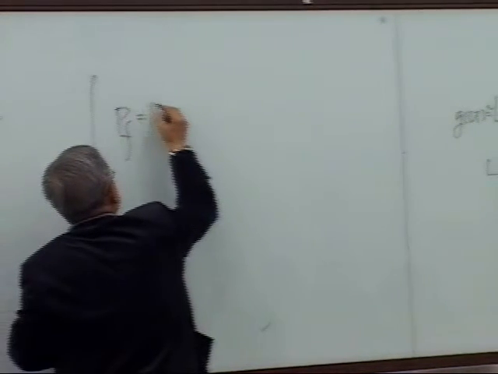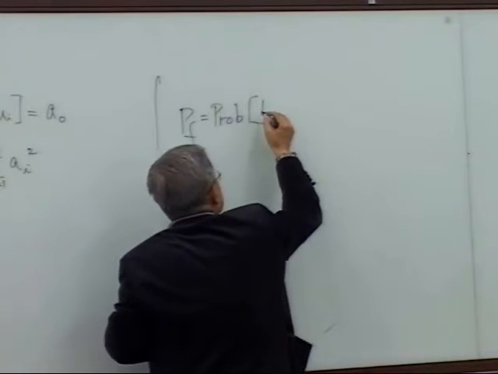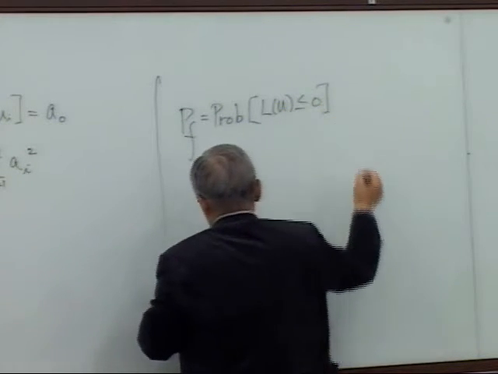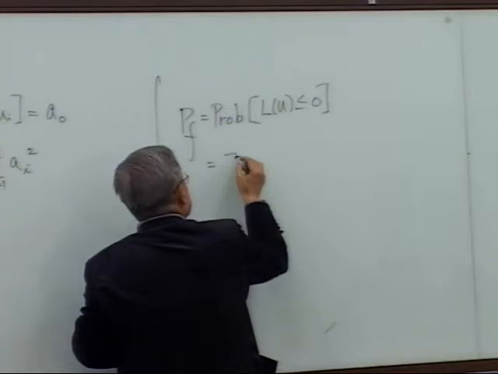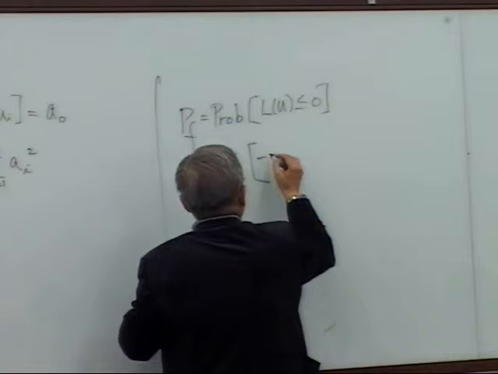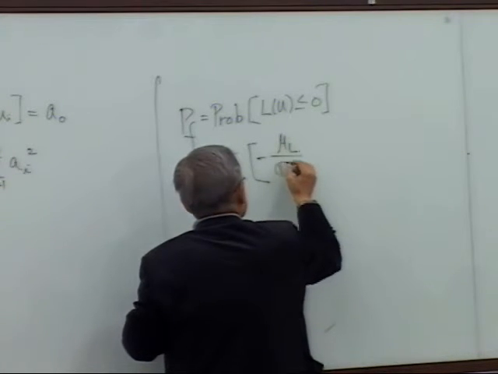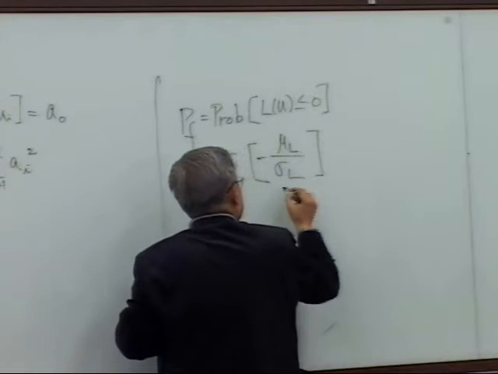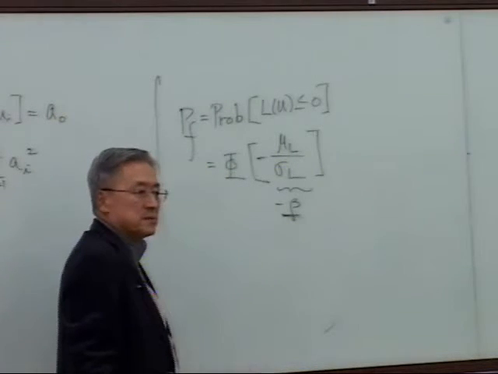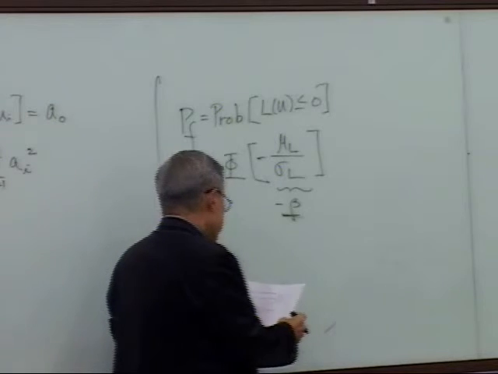So this is the probability that the linearized G function less than or equal to 0 is equal to, in the U space, minus mu L over sigma L, which is really the same as saying minus beta, the reliability index.